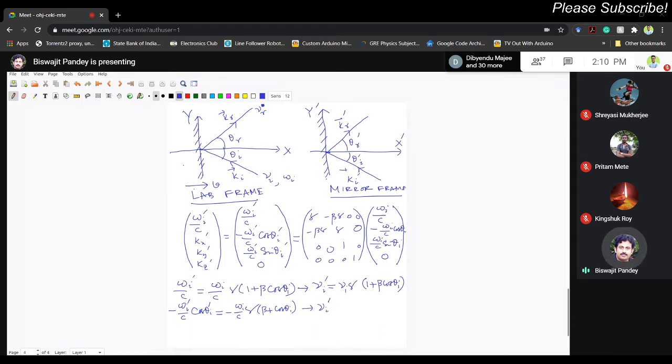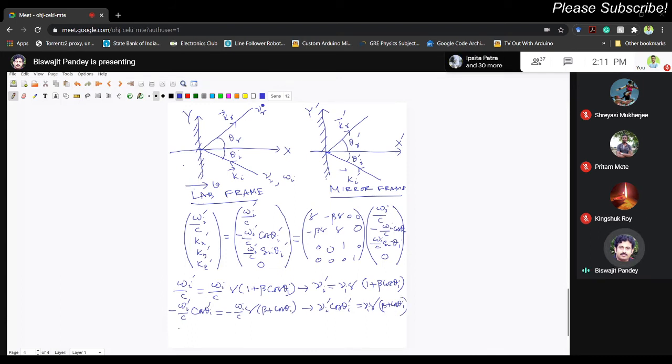So nu I prime cos theta I prime, C is dropped, equal to nu I into gamma into beta plus cos theta I, because this is the quantity in the right hand side, beta plus cos theta I.